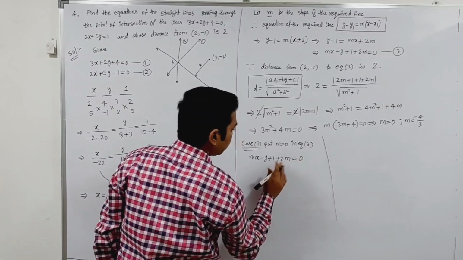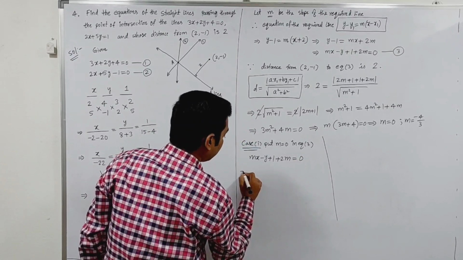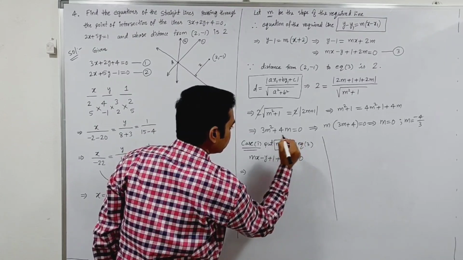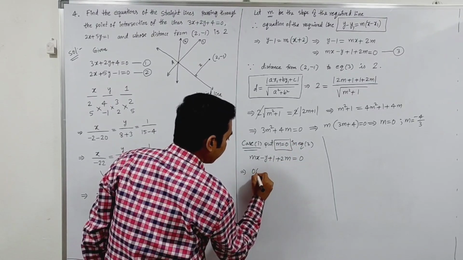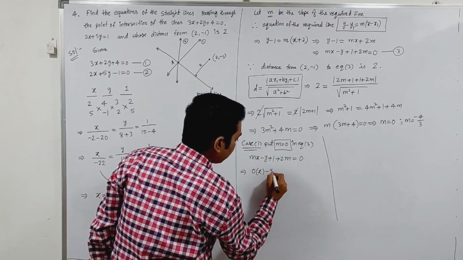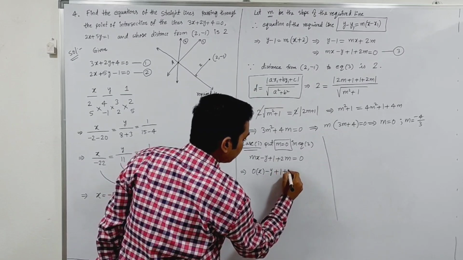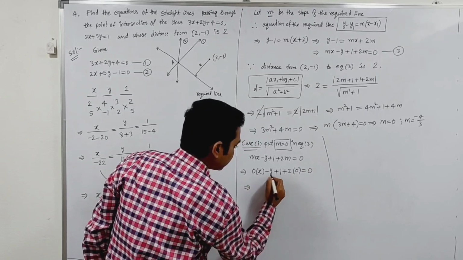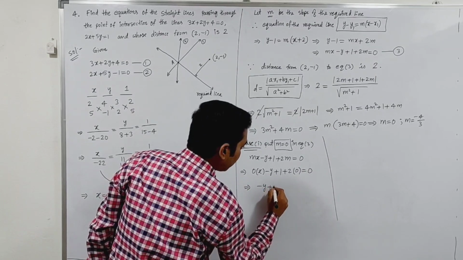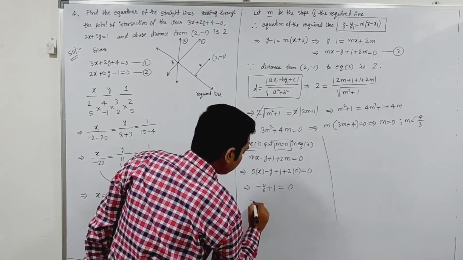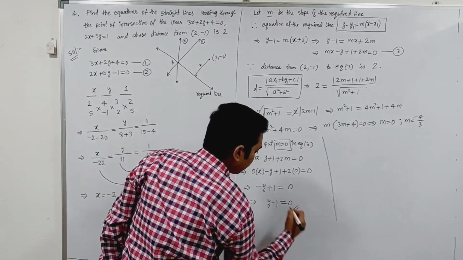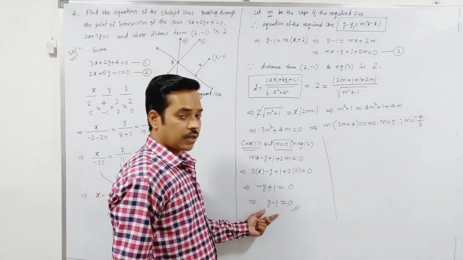This is the third equation, the required line. In this equation, put m is equal to 0. So 0 into x minus y plus 1 plus 2 into 0 is equal to 0. From this equation, minus y plus 1 equal to 0, that implies y minus 1 equal to 0. This is the first required line.